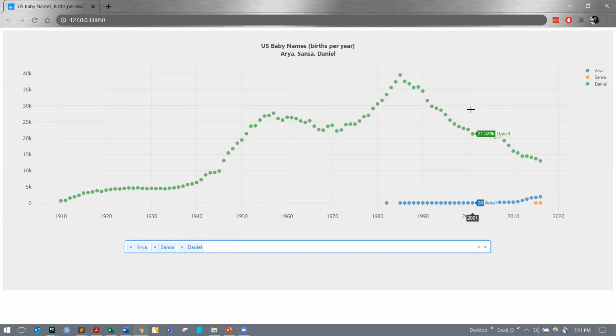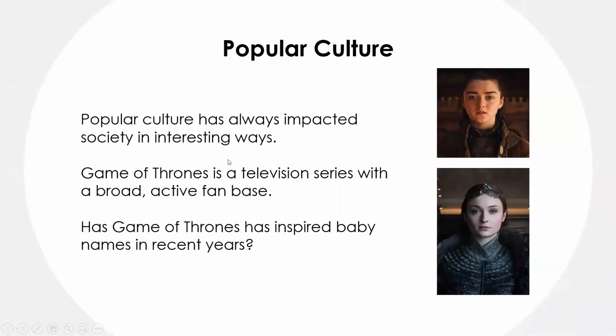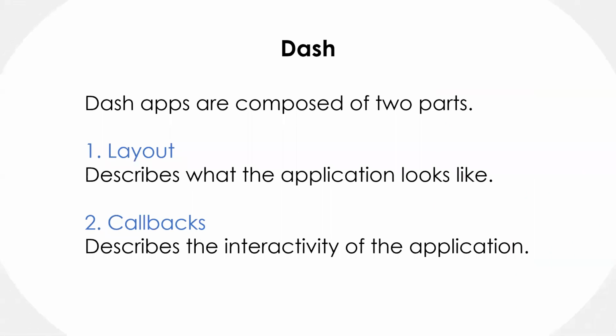And we just looked at baby names with a file of 600,000 rows to do that. So let's hop back into our sheet here. I would say Game of Thrones did have an impact, would be my conclusion.